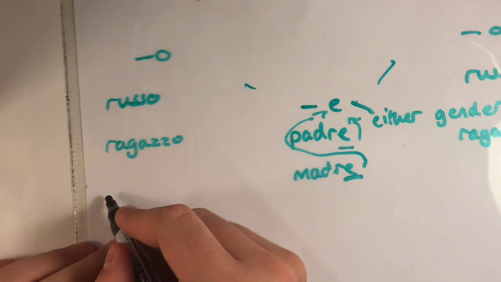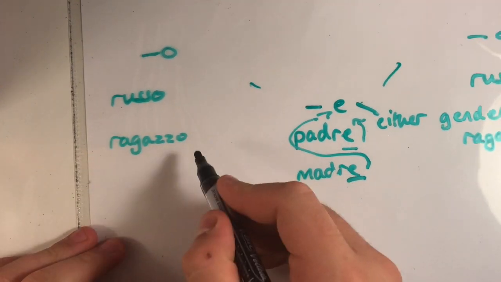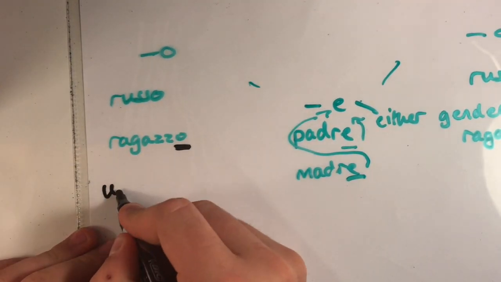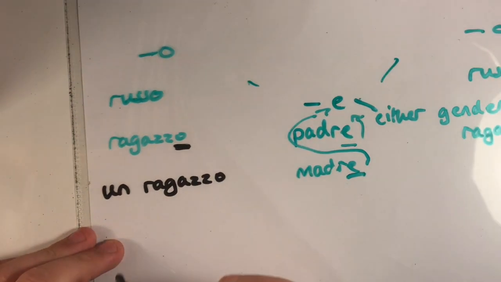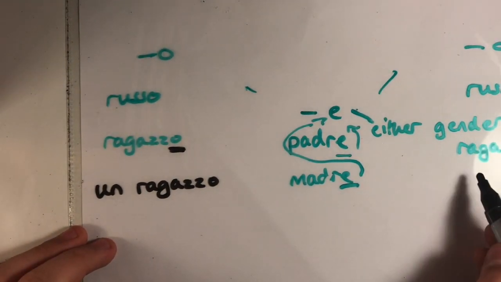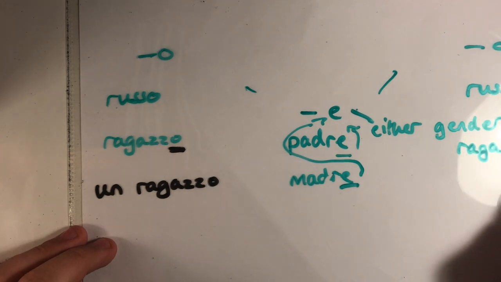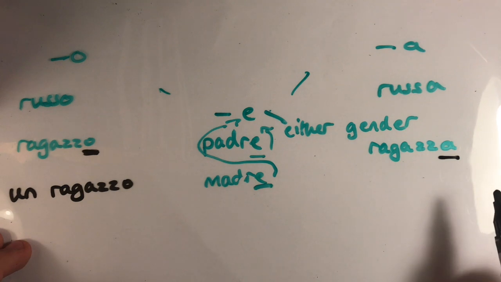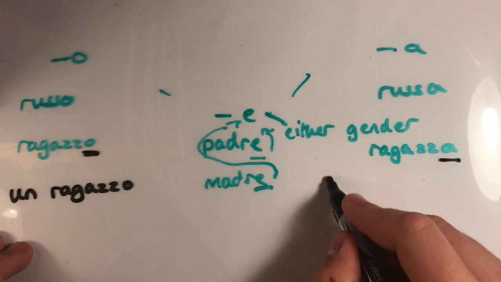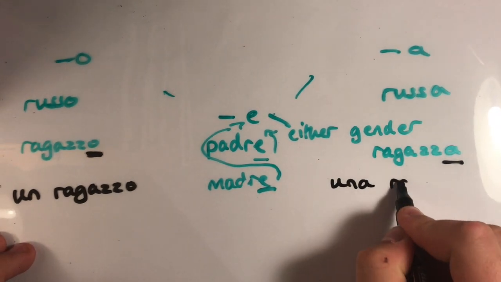So, un ragazzo. You know it would be un if there's an O at the end, so it's un ragazzo. Okay? If it's a girl, you can tell it's a girl because it's an A. And then we just put una ragazza.